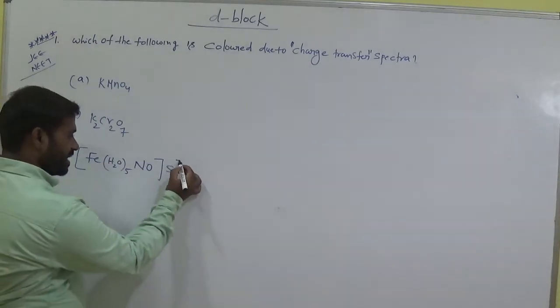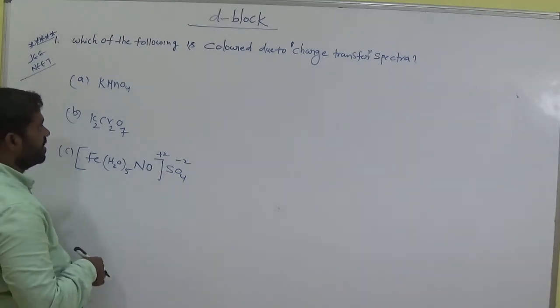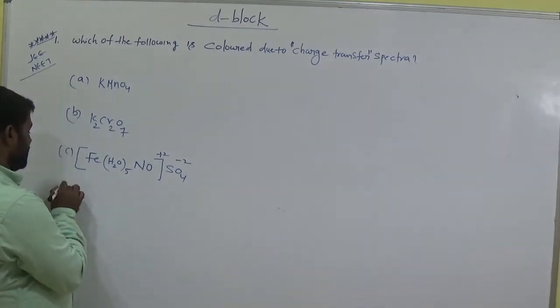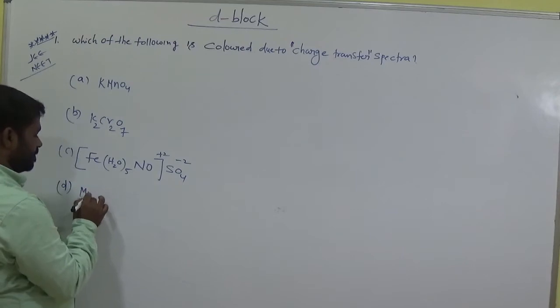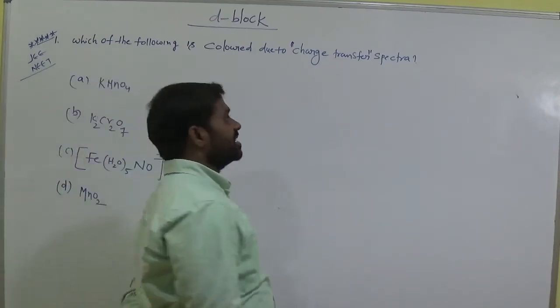So SO4 is -2 and this one is +2. Keep it in mind. And MnO2. So which of the following is colored due to charge transfer?